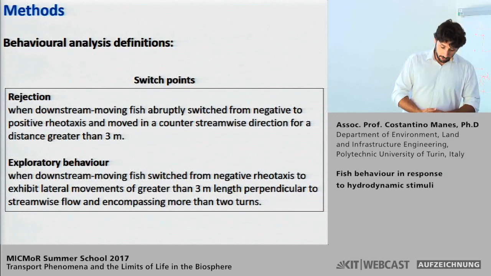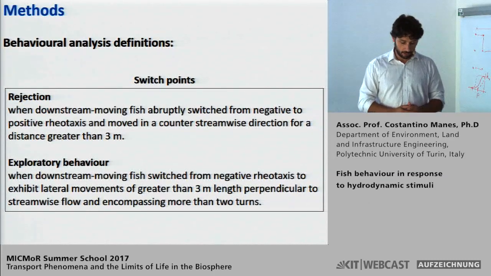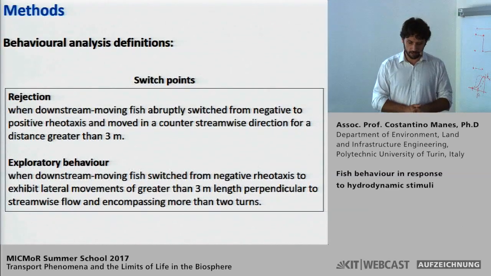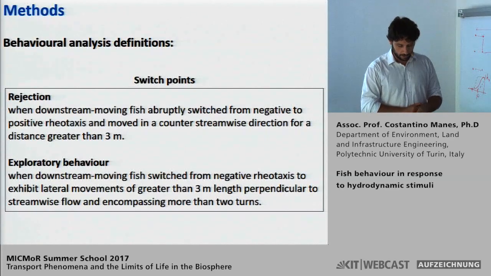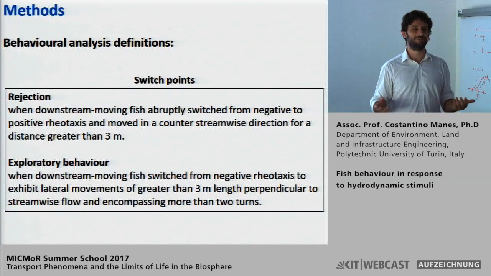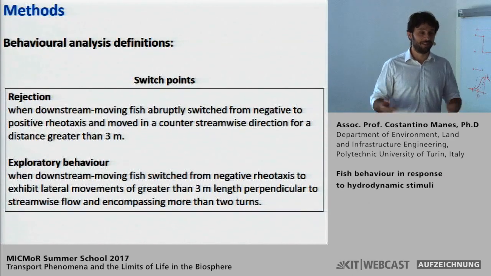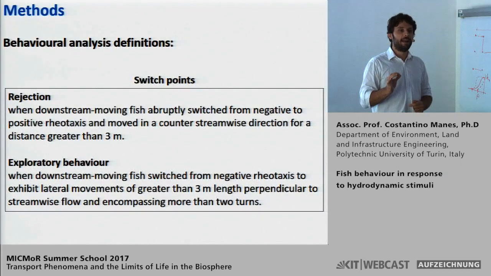We also defined exploratory behavior when downstream moving fish switched from negative rheotaxis to some sort of lateral movements, greater than 3 meters in length, perpendicular to the streamwise flow, and at least encompassing more than 2 turns. It's very arbitrary, but you can tell by eye.